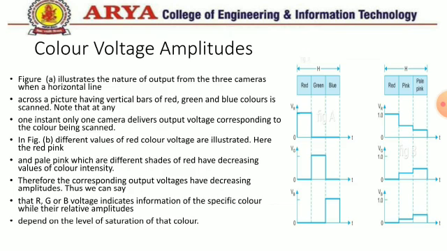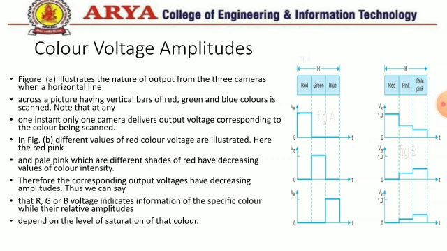Figure A illustrates the nature of output from the three cameras when a horizontal line across a picture having vertical bars of red, green and blue color is scanned. Note that at any one instant only one camera delivers output voltage corresponding to the color being scanned.